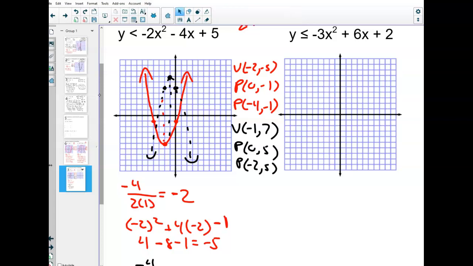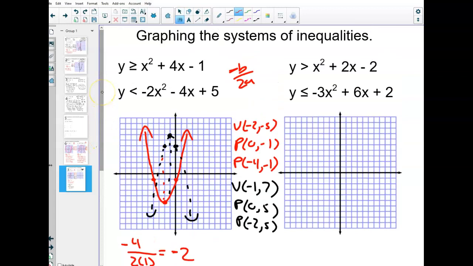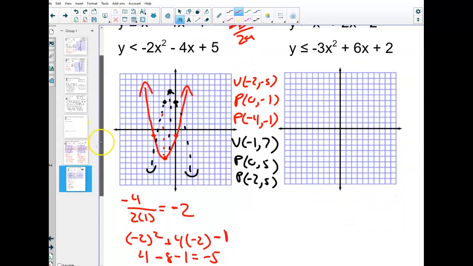Now we go to our shading. My advice here is this. 0, 0 is in both parabolas. 0, 0 creates a true statement on the top. 0 is greater than negative 1.